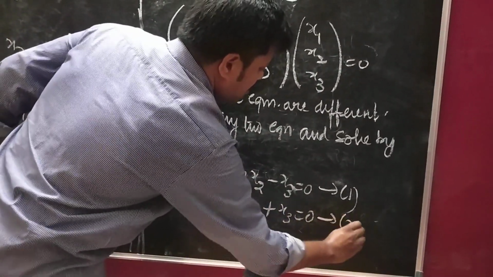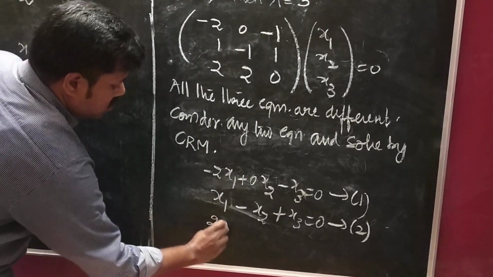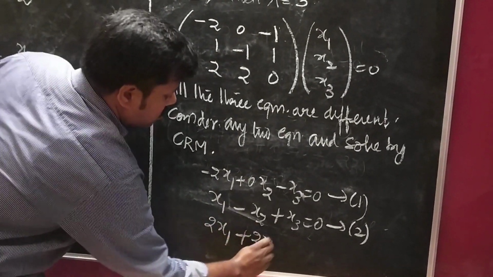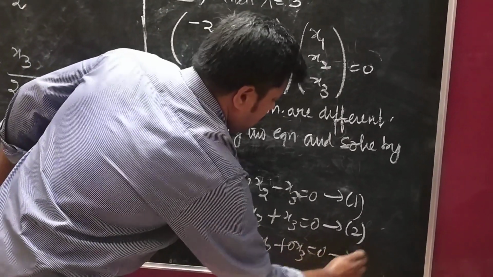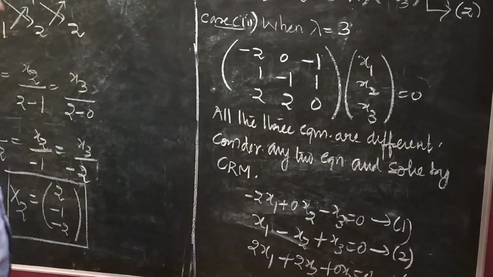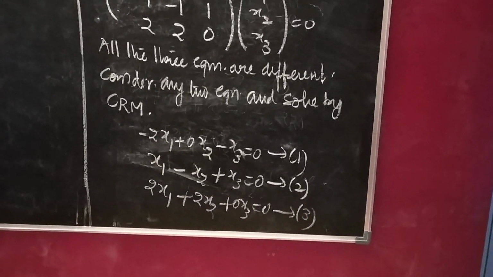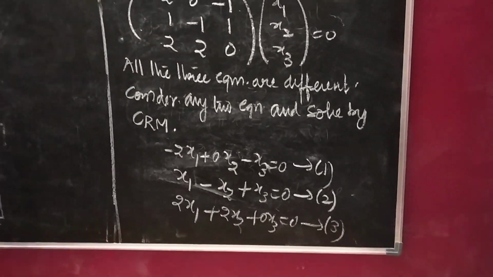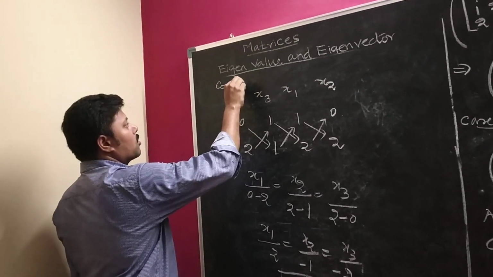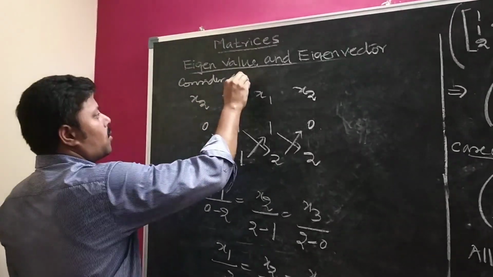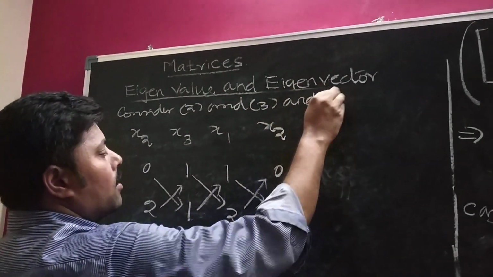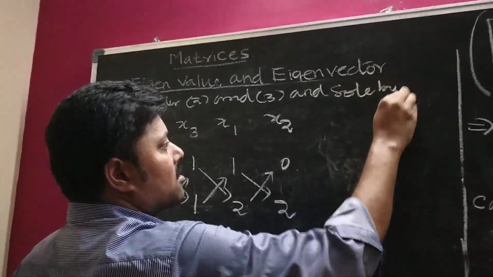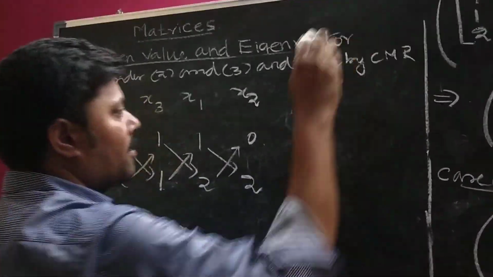Third equation, 2x1 plus 2x2 plus 0x3 equal to 0. So consider two different equations. I am considering equations 2 and 3 and solving by cross multiplication rule.